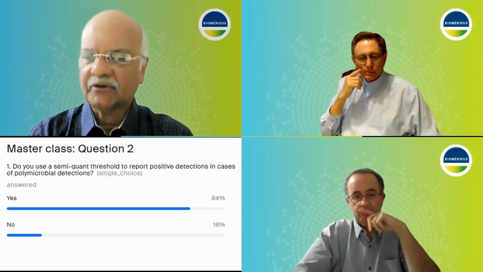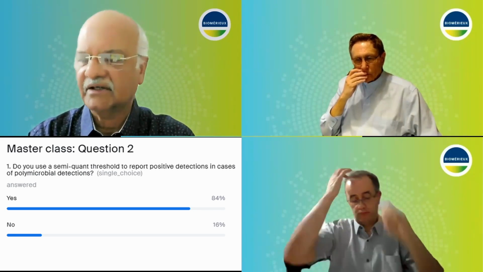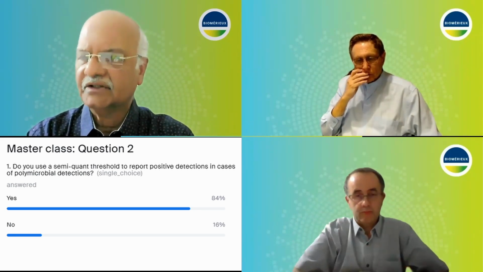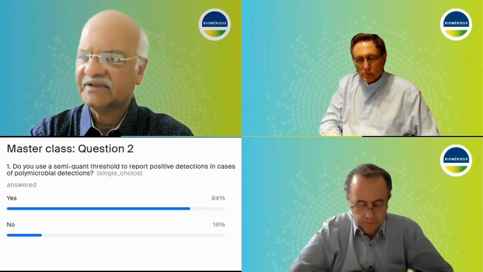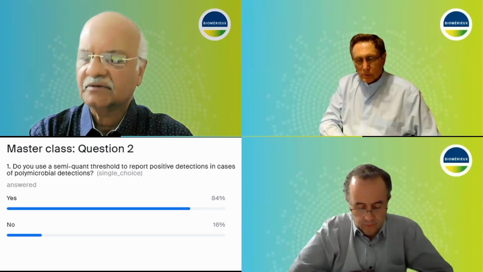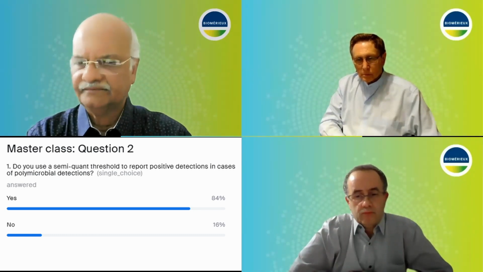Polymicrobial can tell you that it could be a bad specimen, or maybe a mixed infection, maybe aspiration pneumonia as in this patient, or a lung abscess. So gram stain is invaluable and remains so even today.